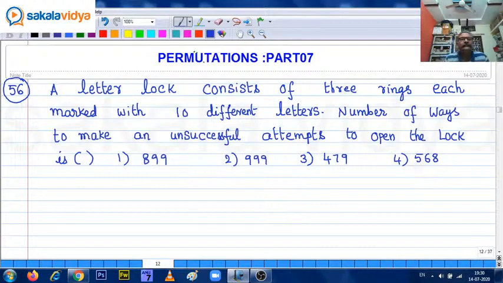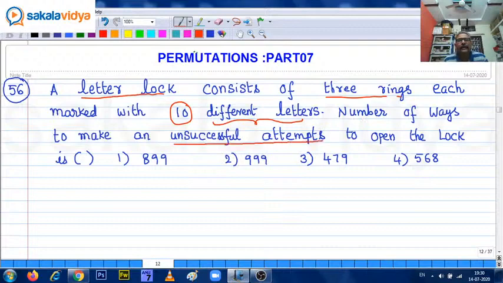Right, let us see. A letter lock consists of three rings, each marked with 10 different letters. The number of ways of unsuccessful attempts to open the lock. That means here we have three rings: first, second and third.